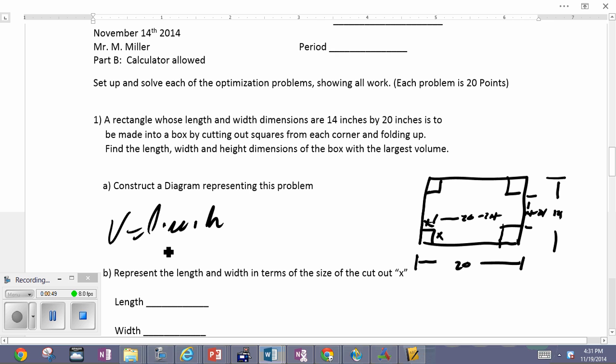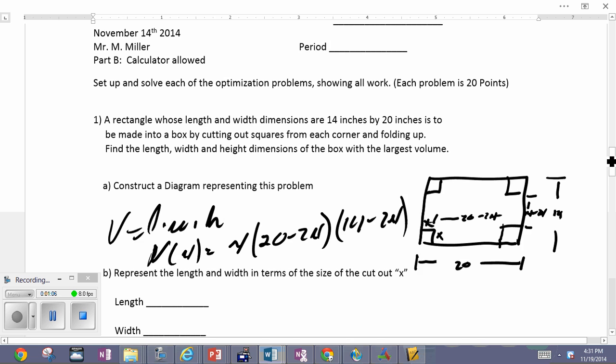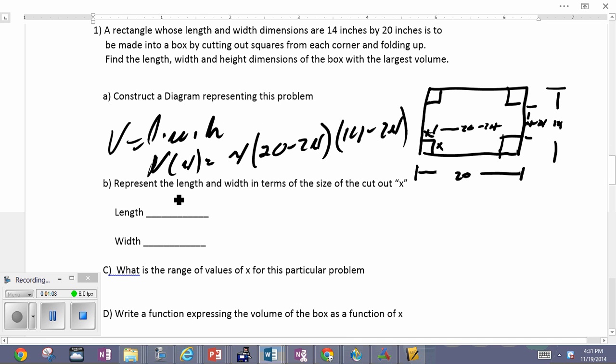The volume as a function of X is the height, which is X, times the length, which is 20 minus 2X, times the width, which is 14 minus 2X.